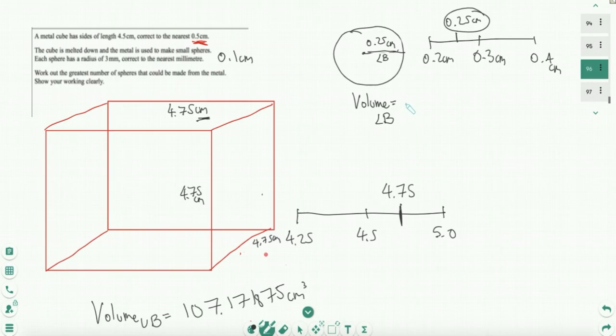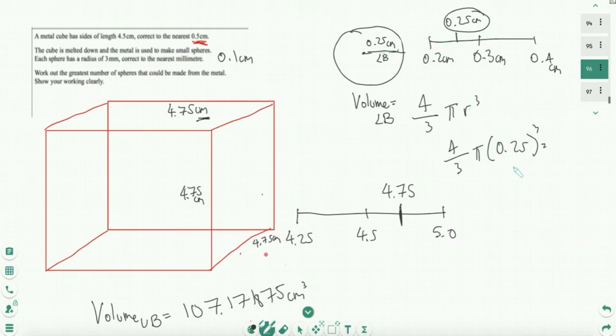If you look at your formula sheet, the volume of our sphere is 4/3 pi r cubed. So we can do 4/3 times pi times 0.25 cubed.